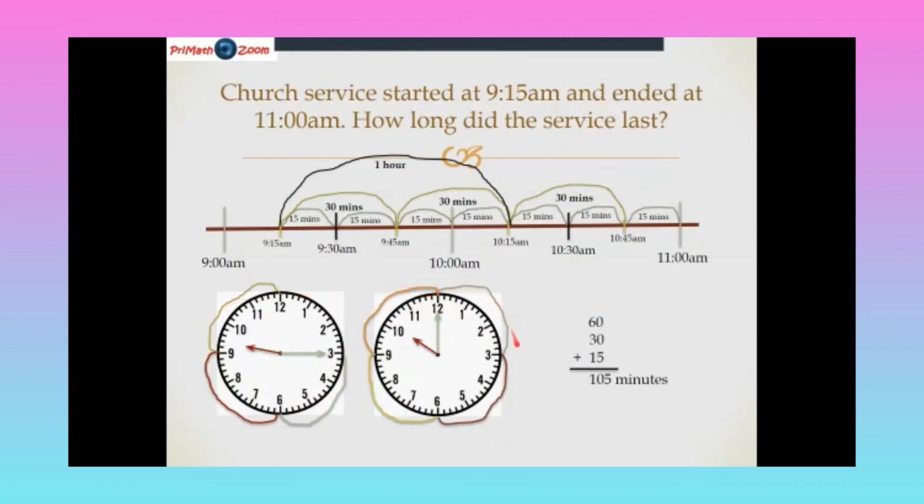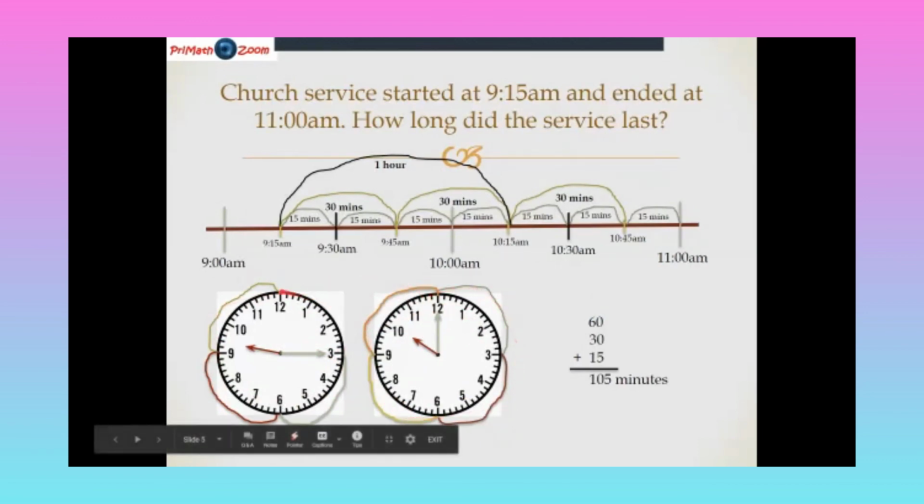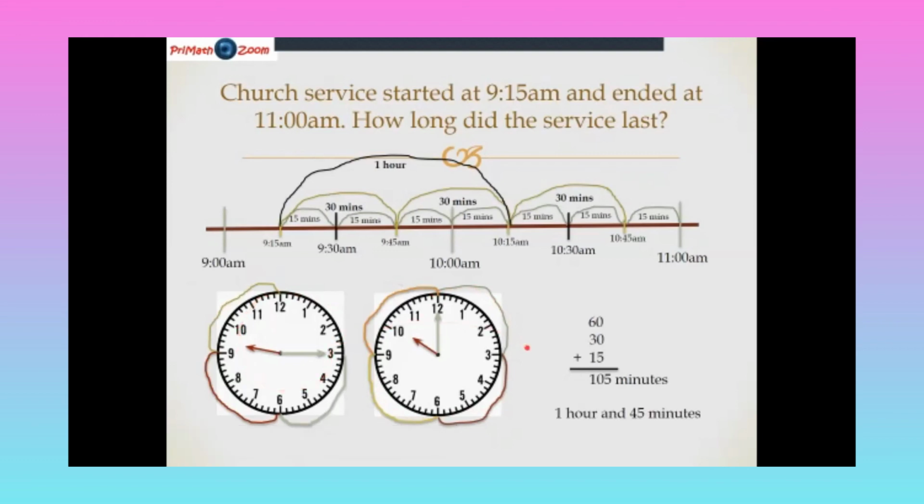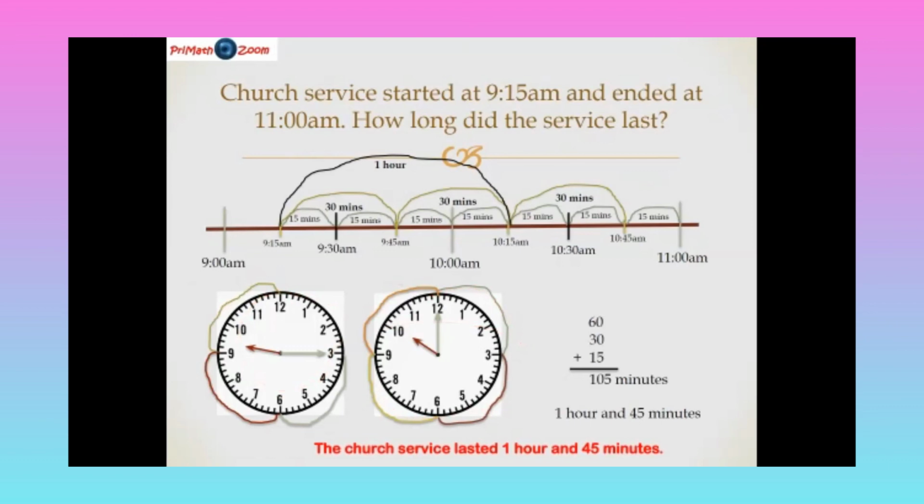So we have 1 hour and 45 minutes. So this here would show us that the church service lasted 1 hour and 45 minutes. Now, while I have just shown you 2 ways, you can always select the one that is easier to you or you understand better.